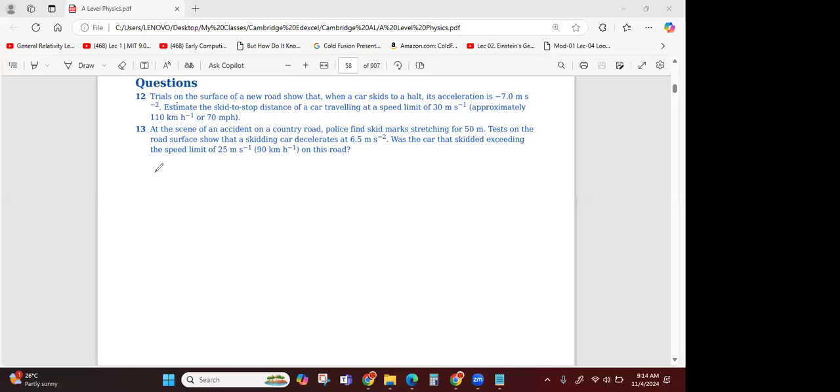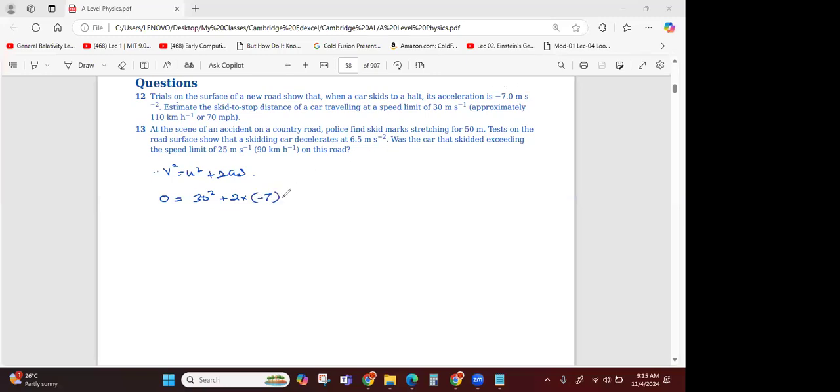So then you can write this equation: v squared is equal to u squared plus 2as. When they hit the brake, the final velocity when it comes to a stop is 0, traveling at a speed limit of 30.